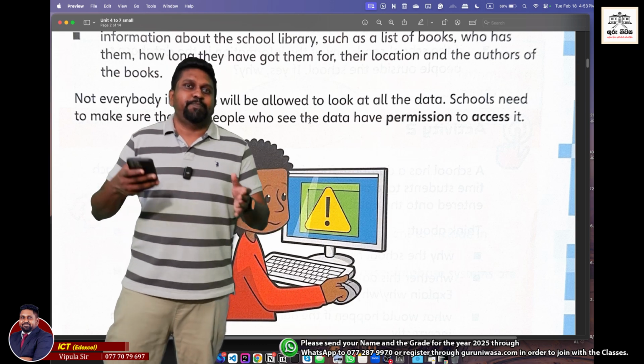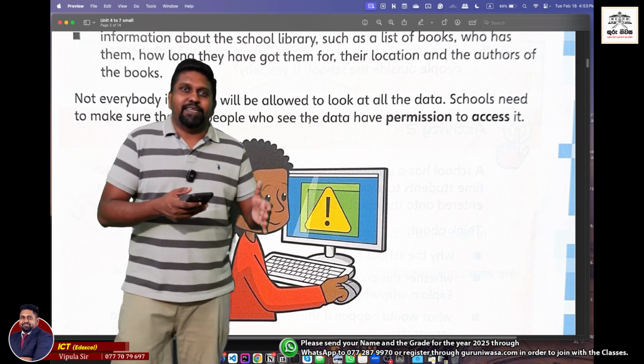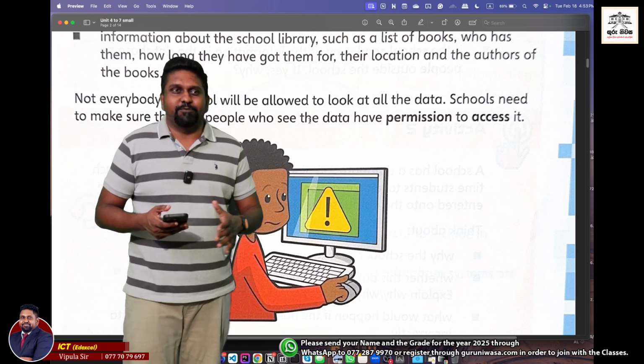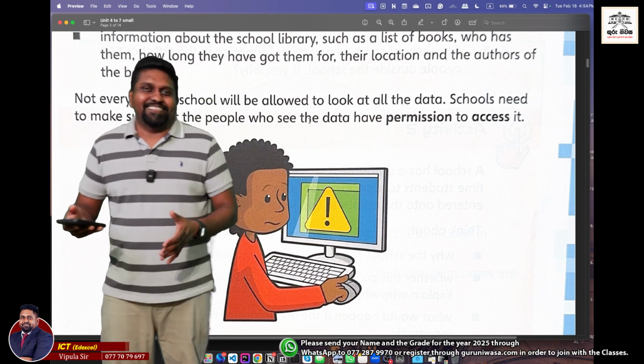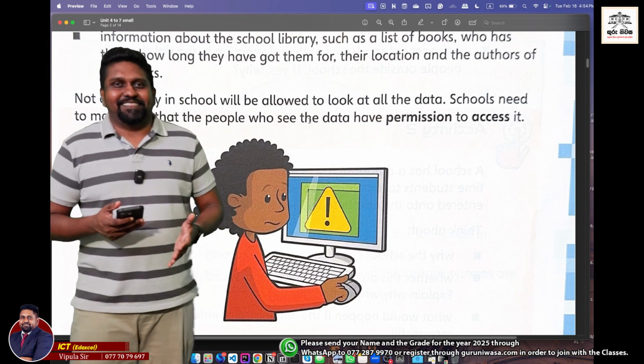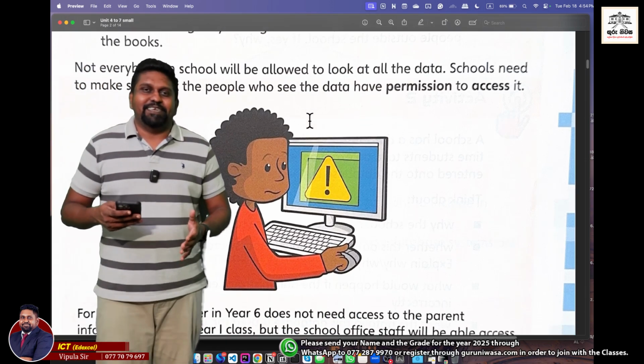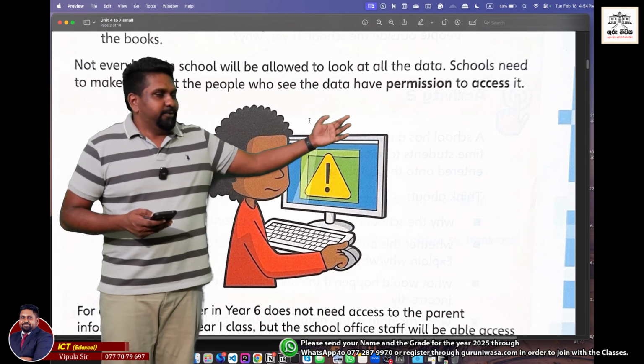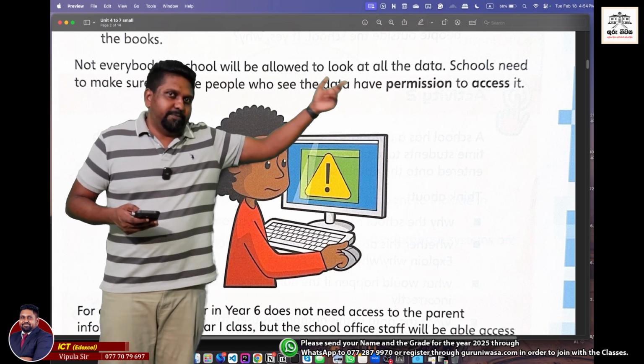That means a person who does not have the authorization or the right to access that content. This permission is the primary point behind it, right?